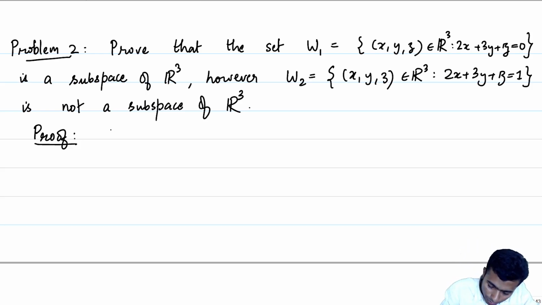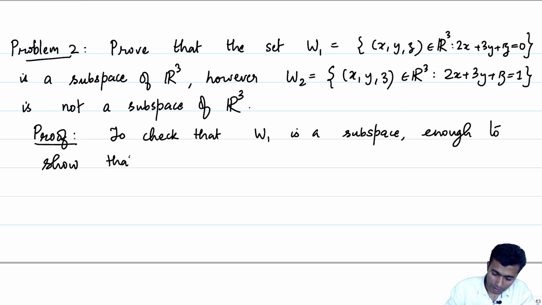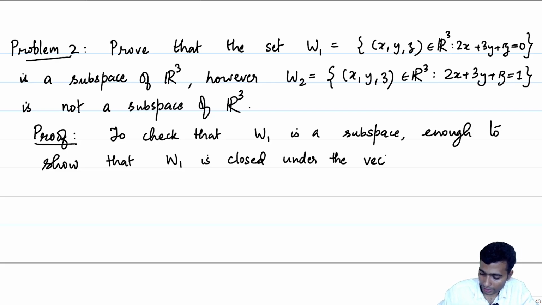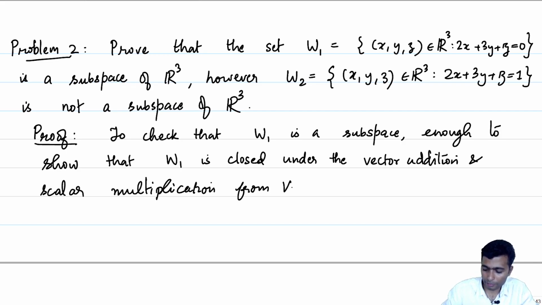So it is enough to show that W1 is closed under the vector addition and scalar multiplication which is borrowed from capital V.